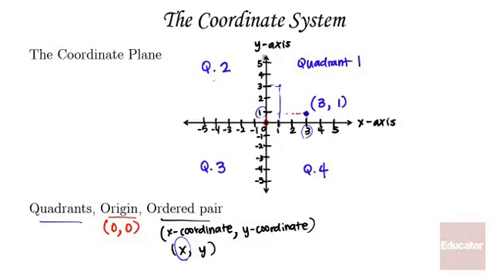On the y-axis, positive when you go up, negative when you go down. And now everything together, the coordinate plane, which is like the map, the ordered pairs, the quadrants, all of this that has to do with these points and the plane is called the coordinate system. It's like a system of all these things together.